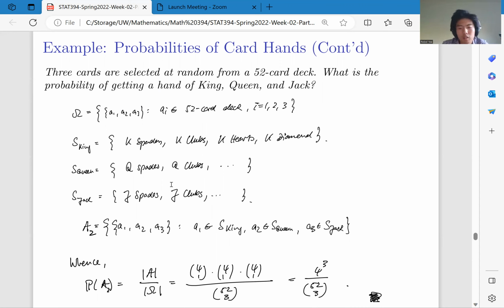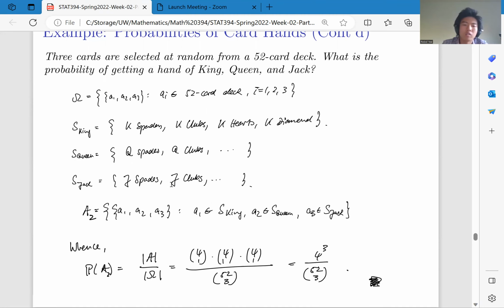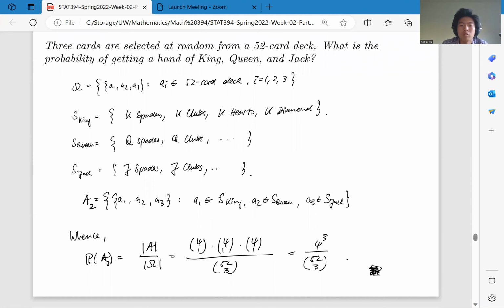So how can we calculate this event probability? Well, A1 belongs to the set of king, A2 belongs to the set of queen, and A3 belongs to the set of jack. In this case, each of the sets has 4 members, and we only choose 1 from the 4 members, so it's 4 choose 1.